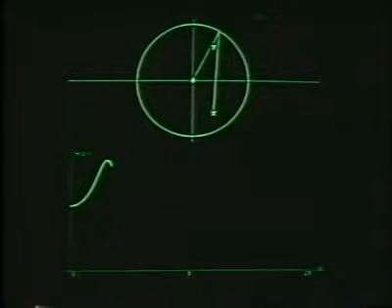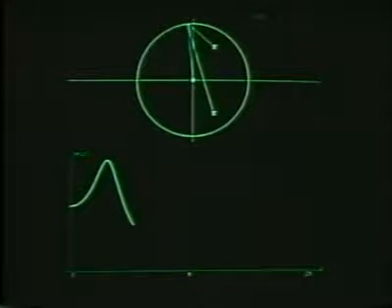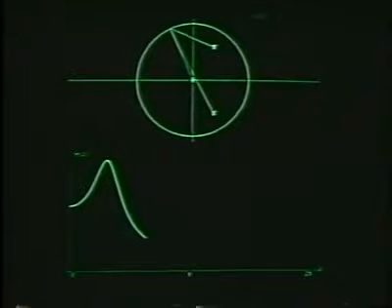Now, as we continue to sweep further, that pole vector will begin to increase in length again. And so, in fact, the magnitude of the Fourier transform will decrease. And we see that here as we sweep toward omega equal to pi.